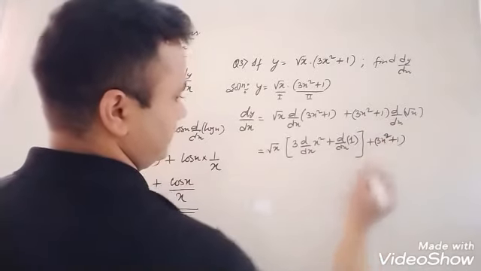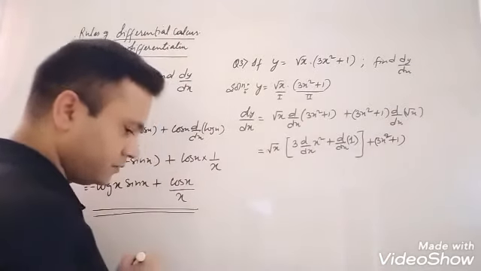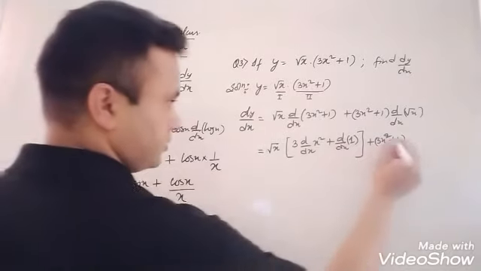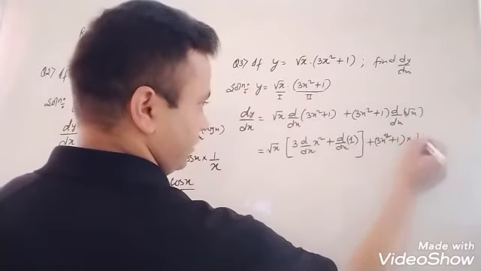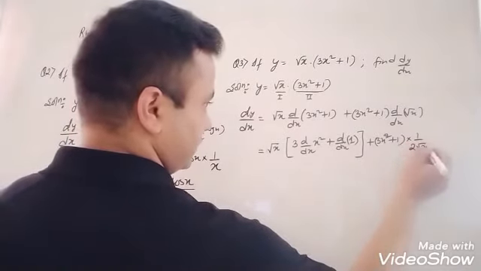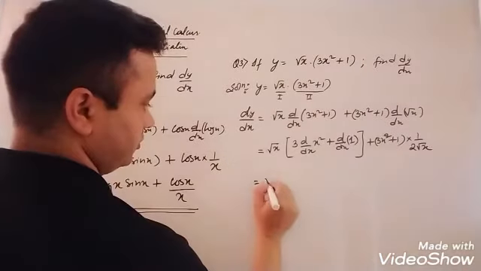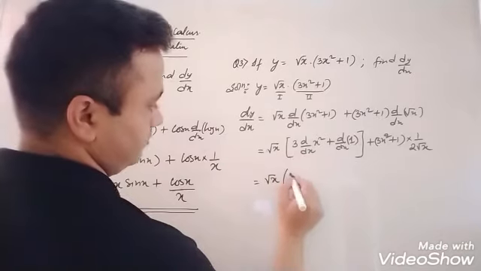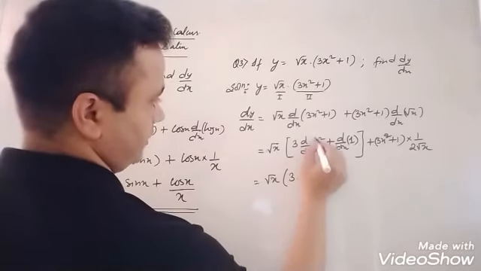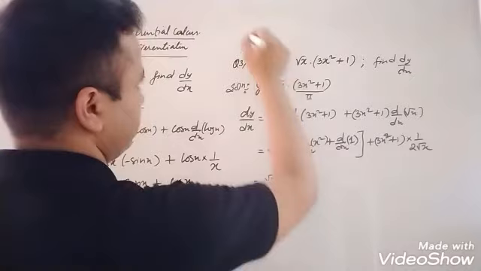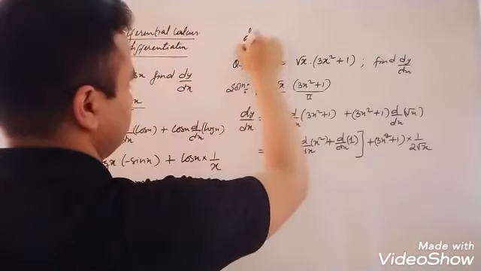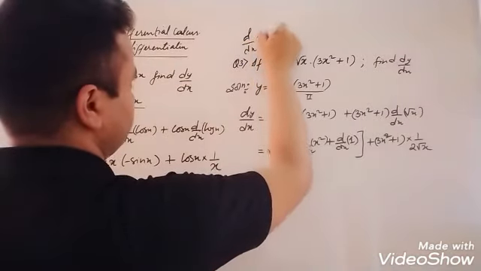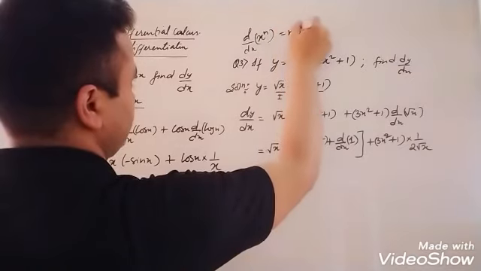Now what is the differentiation of root x? We have already learned: differentiation of root x is 1 by 2 root x. So this equals root x inside the bracket, this is 3. Now what is the differentiation of x square? We have to apply the formula d/dx of x to the power n equals n x to the power n minus 1.